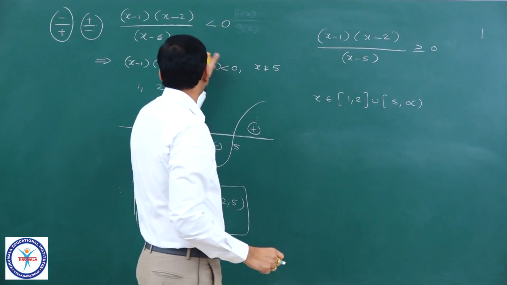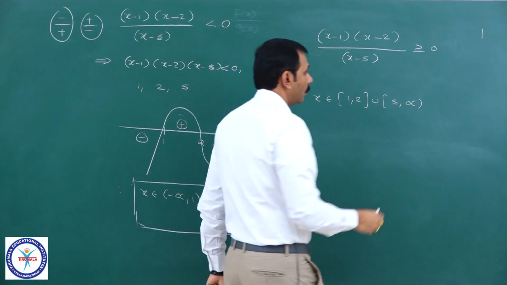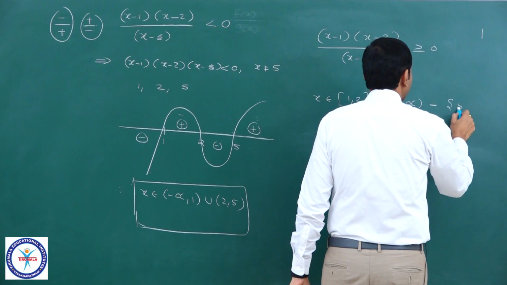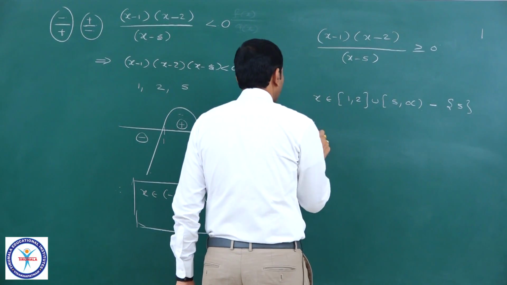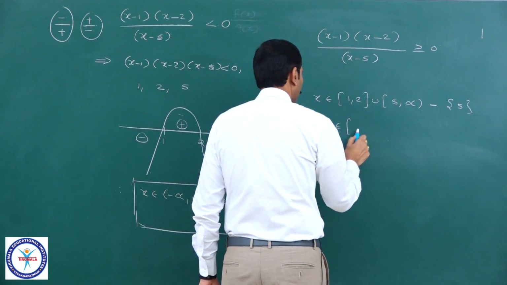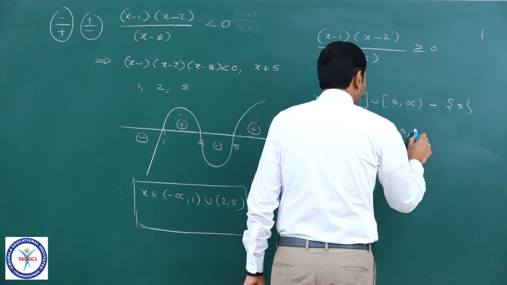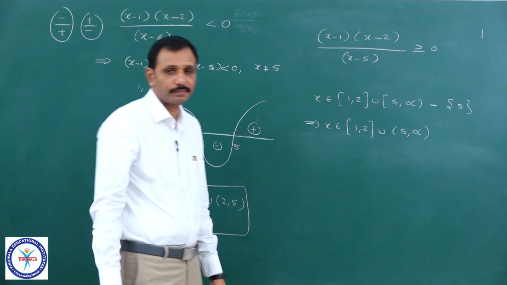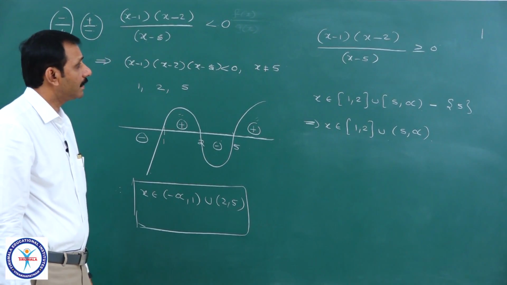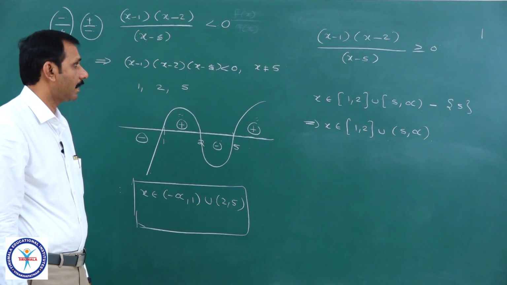But of course, in the denominator 5 is there, that 5 should not be included, so minus {5}, or that implies x belongs to [1, 2] union (5, infinity). Therefore, these are the values of x where it is greater than or equal to 0.